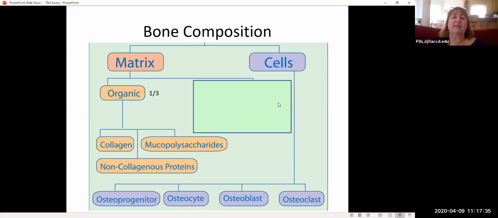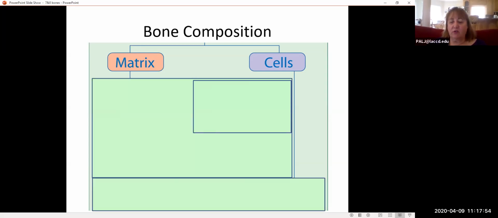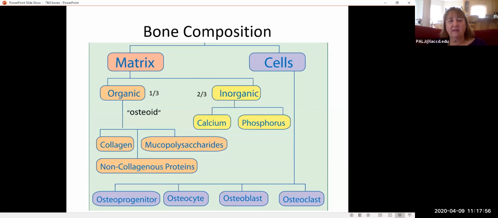So what do you think is in bone besides these organic products? Like if I asked you, on the periodic table, what element would you expect to find in bone? Okay. Well, everybody would say calcium, okay? And so the inorganic 2/3 portion is going to be calcium, and mostly calcium is going to be bound to phosphorus.